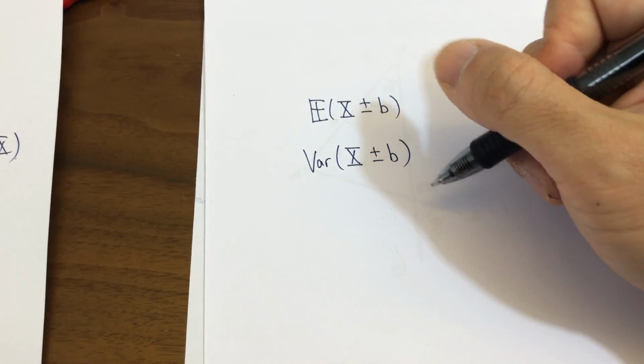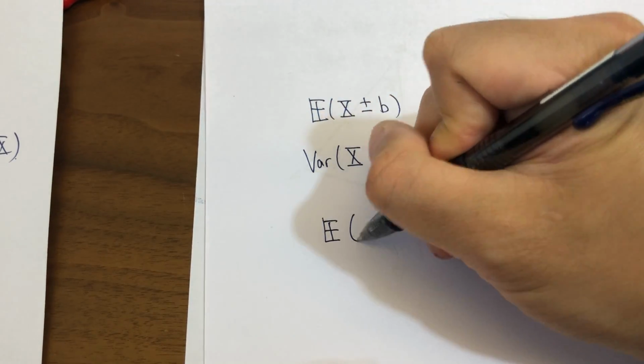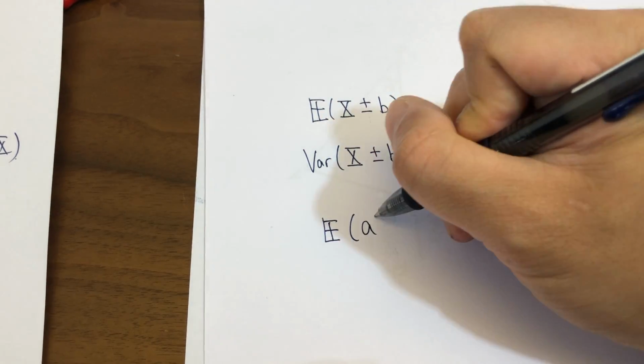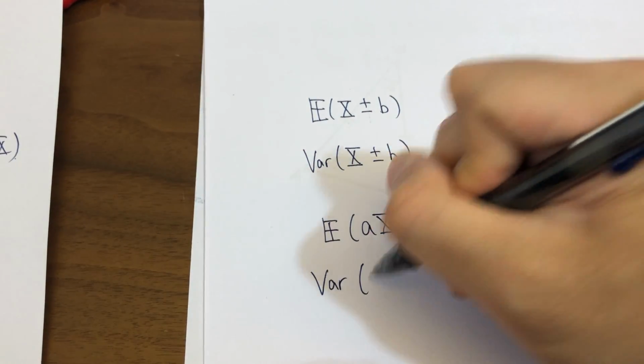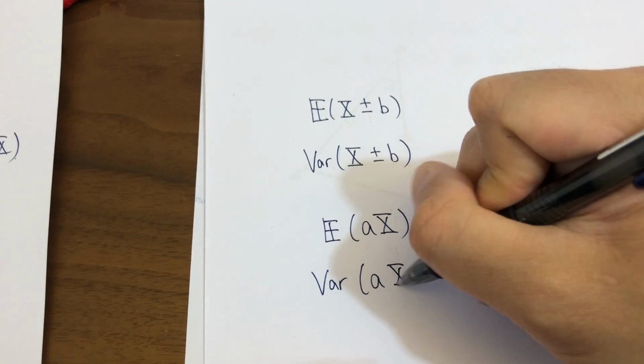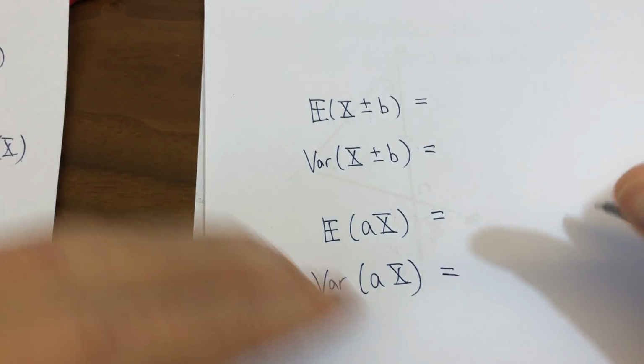And then in the second part, we consider the expected value of a constant times the random variable x, and also the variance of a constant times a random variable x. Do you remember the result?